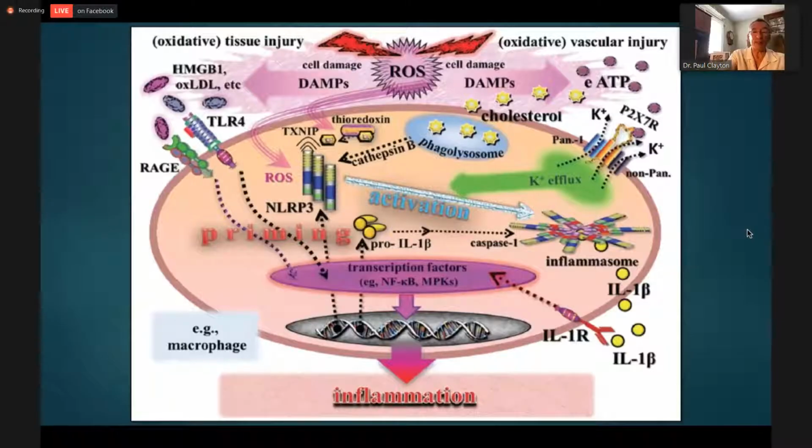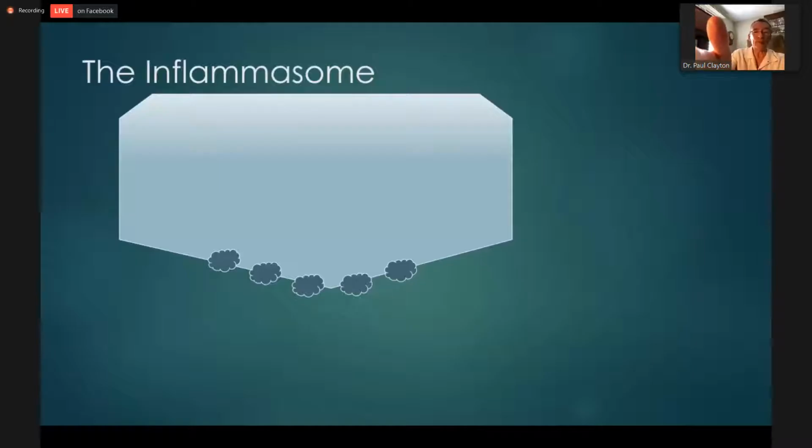It could be an immune cell, such as a macrophage. Instead, I'm going to look at that bar right at the bottom because it's much simpler. That is where inflammation is taking place outside the immune cell, but in the tissues. Some people refer to this as the inflammasome, spelled Z-O-N-E, zone. So I'm going to go to the next slide, which is a simpler version, to show how this works.